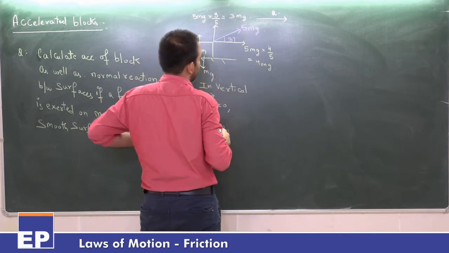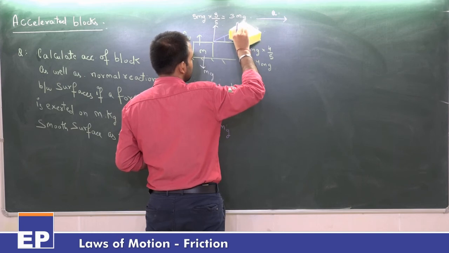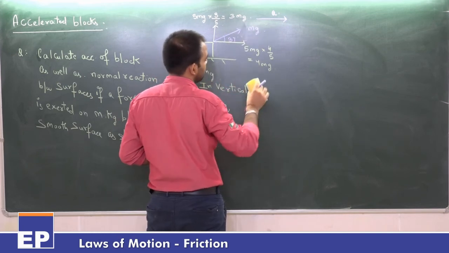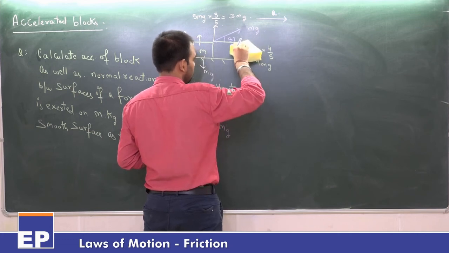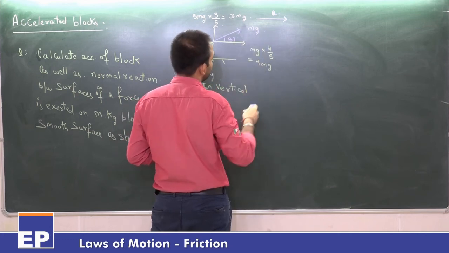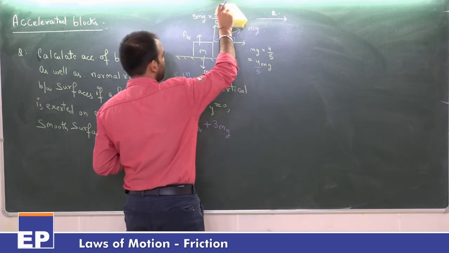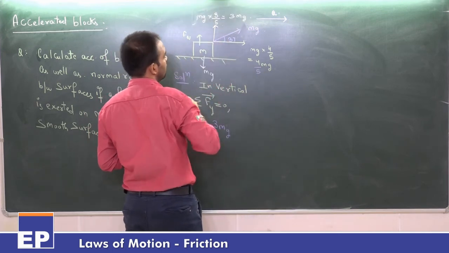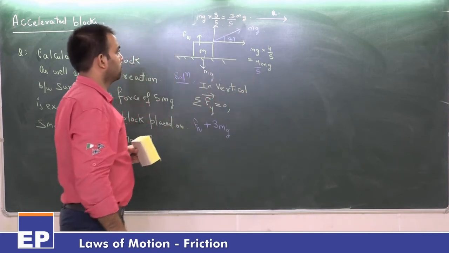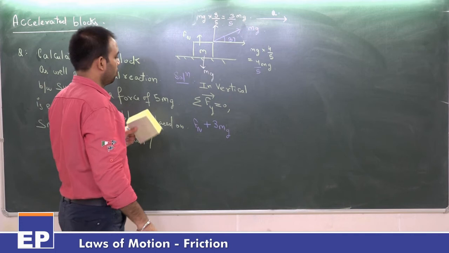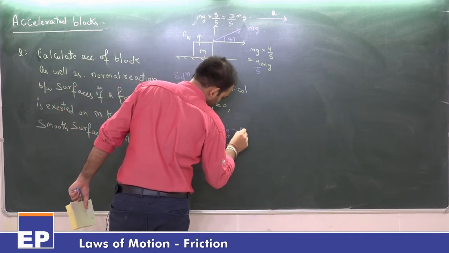I am making a small change: instead of 5 mg, take only mg. If we take only mg instead of 5 mg, it will come out to be 4 by 5 mg, and it will come out to be 3 by 5 mg. Right? Now the forces are 3 by 5 mg minus mg.